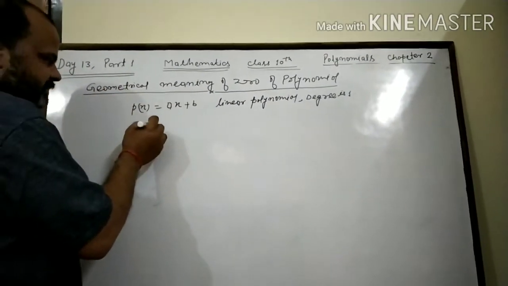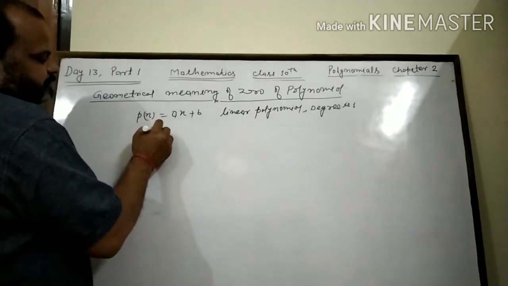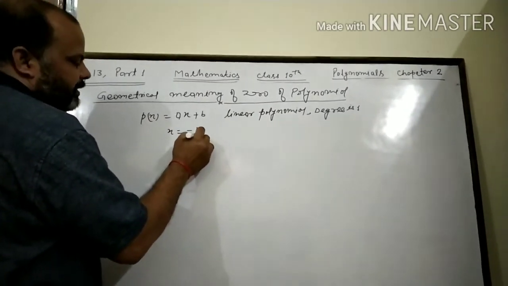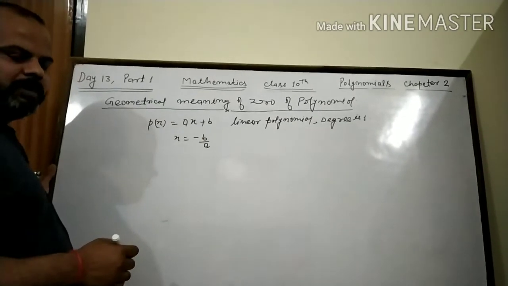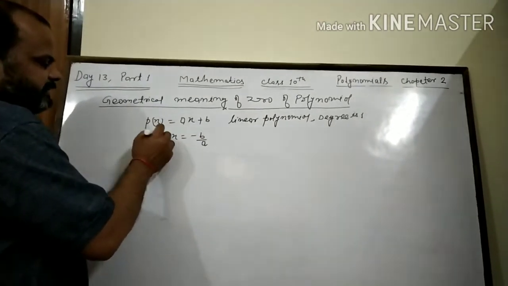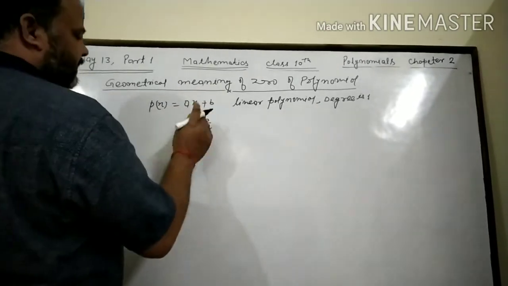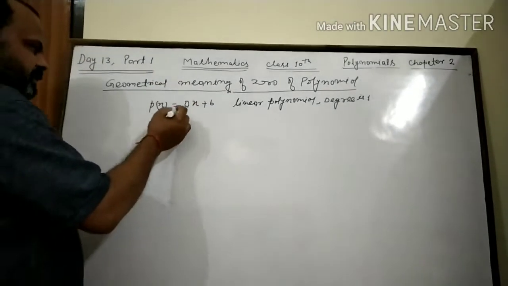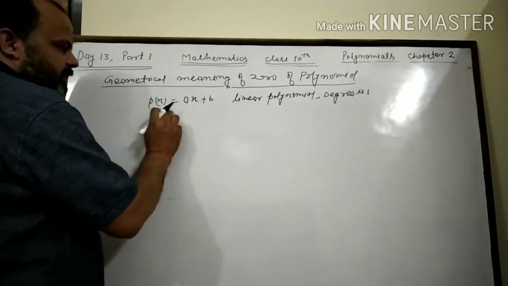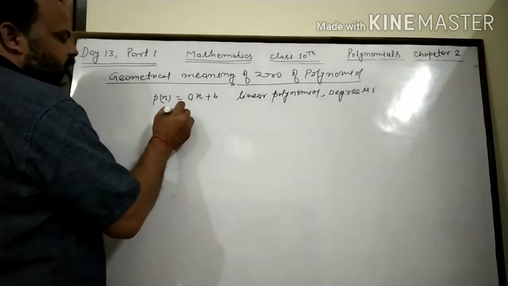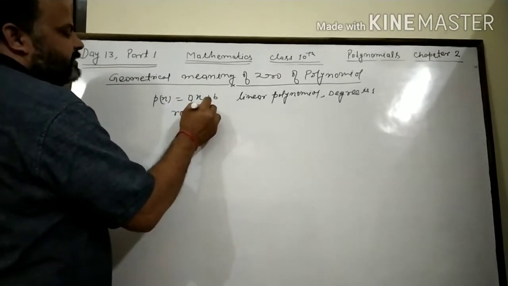Then the zero of this polynomial is x is equal to minus b upon a. Clear? If you want to find its zero, then suppose its zero is alpha. Suppose the linear polynomial ax plus b has one root, alpha.